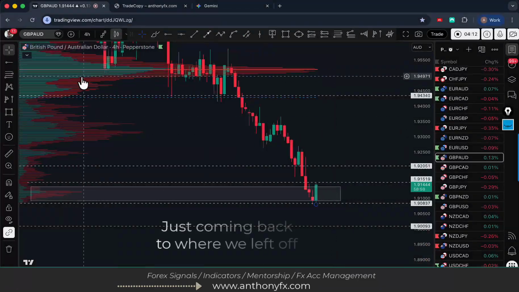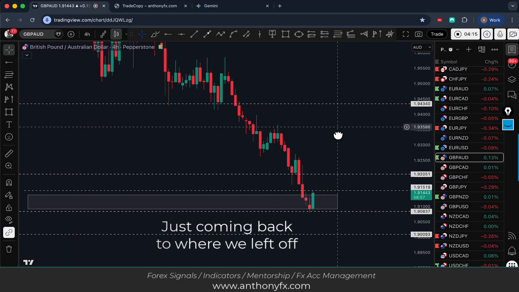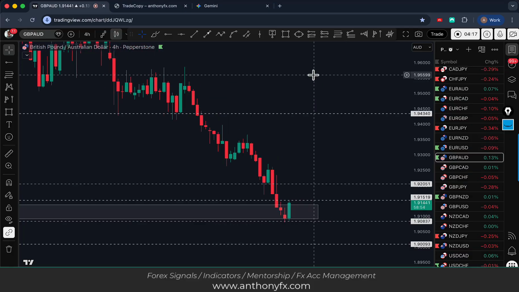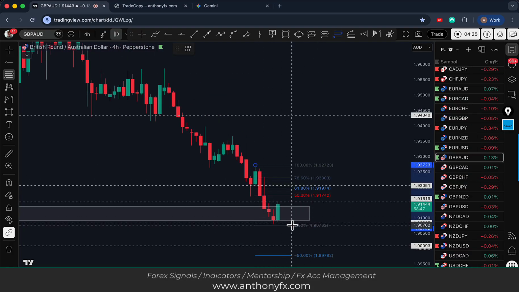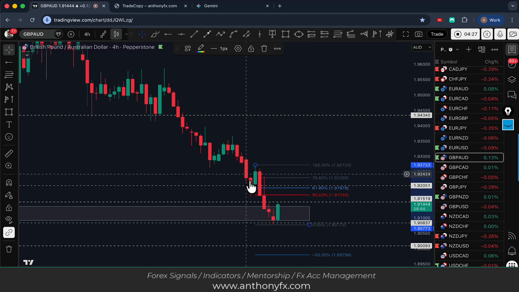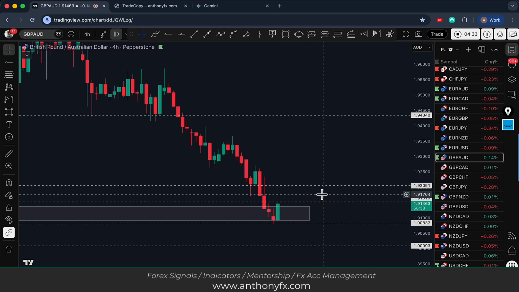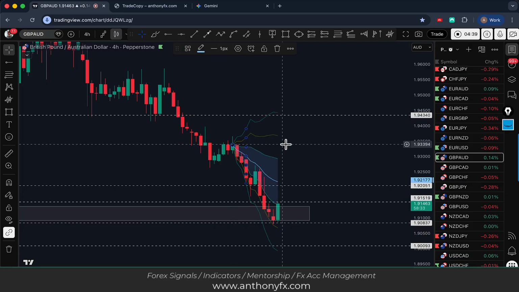All right, so that's that. Just looking at those levels, and the next thing I'd pick up would be the fib. I'd go from high to low, and I'm looking for it to move back into kind of midway through this expansion. Anchored VWAP, you could place it on this high.